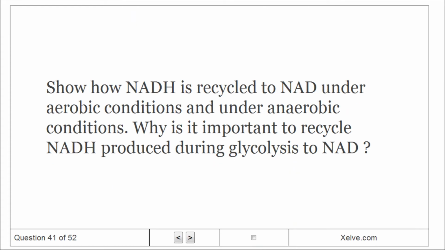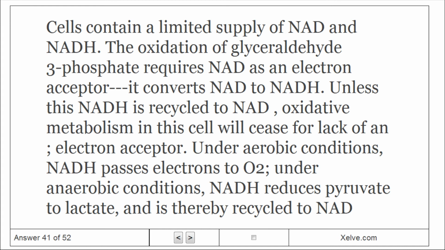Show how NADH is recycled to NAD under aerobic conditions and under anaerobic conditions. Why is it important to recycle NADH produced during glycolysis to NAD? Cells contain a limited supply of NAD and NADH. The oxidation of glyceraldehyde 3-phosphate requires NAD as an electron acceptor.